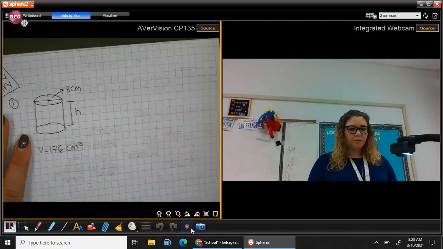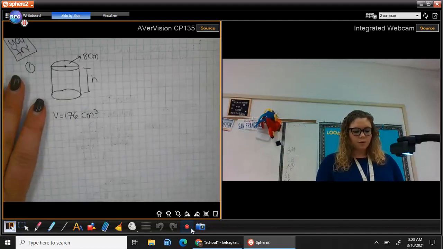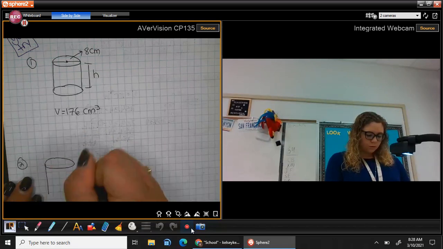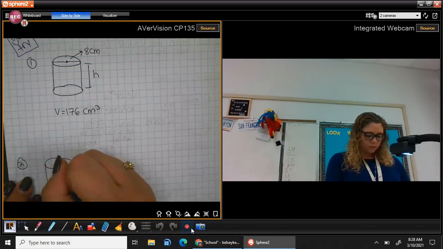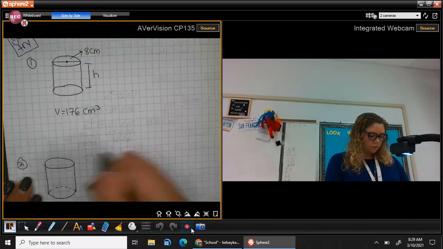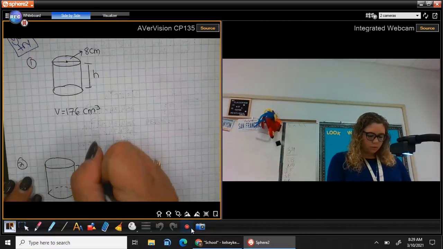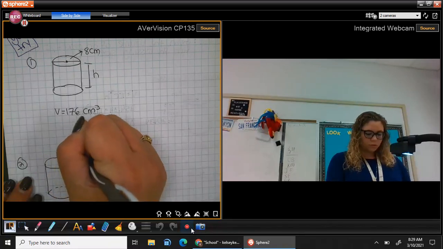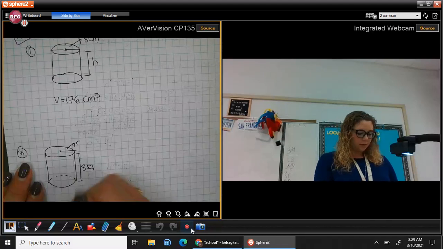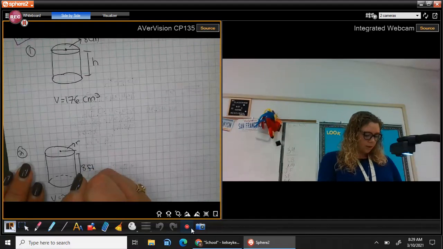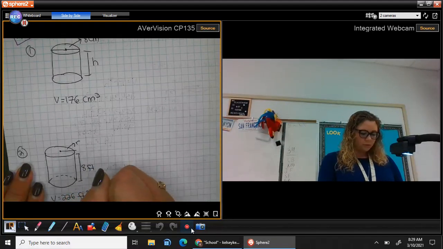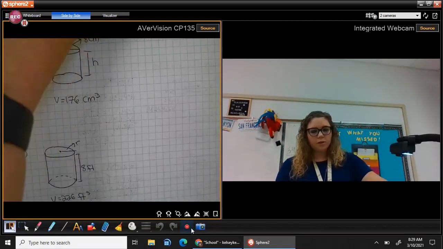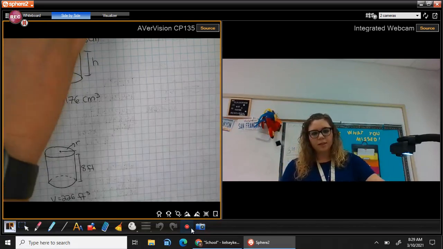So try this one, and then do this one for me. And the volume for this one is 226 feet cubed. So go ahead, pause the video, do these 2 problems, and then come back for the solutions.